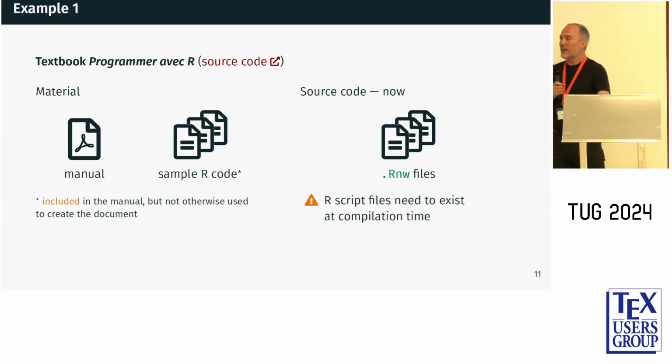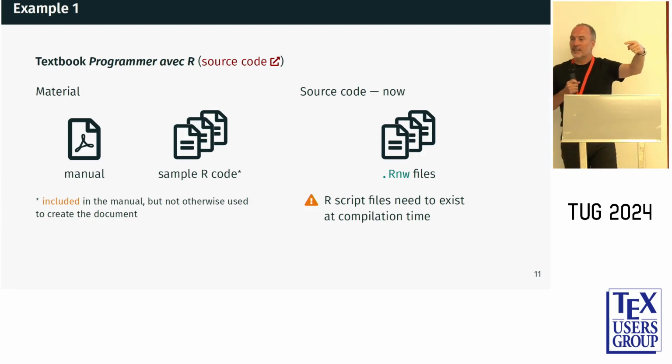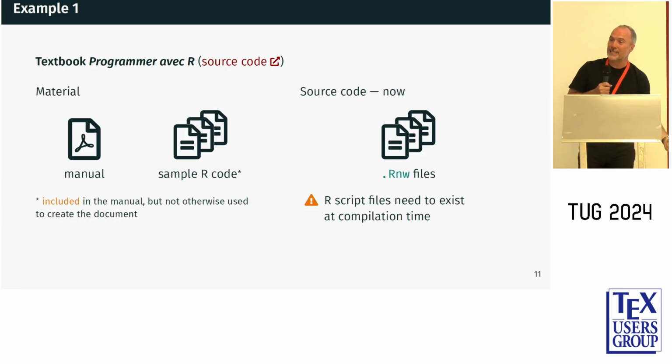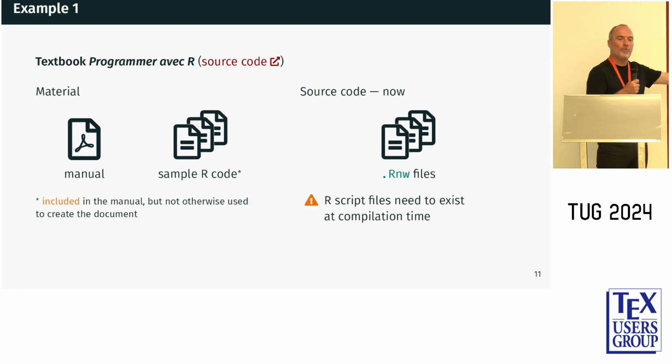One caveat there was that these files of sample code that are included inside the typeset document need to exist, because somewhere in my tech code I have an include listing something to include these files to appear in the document.